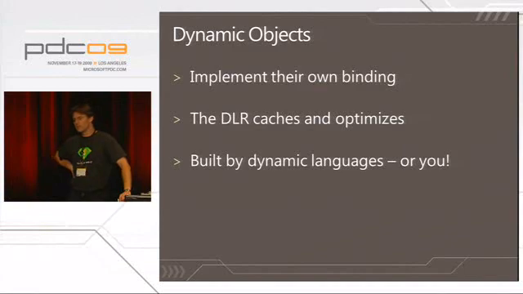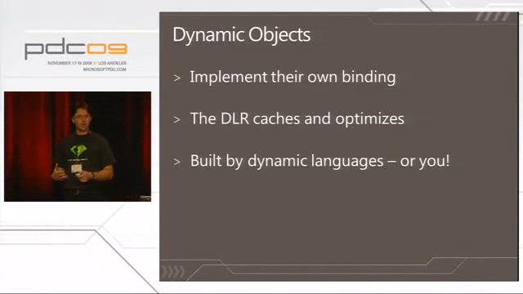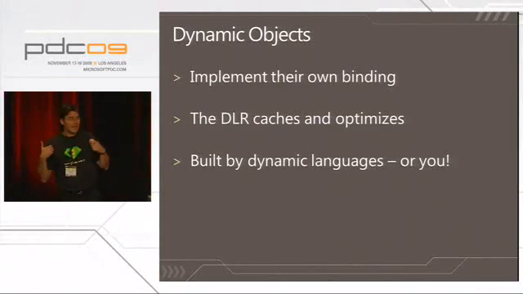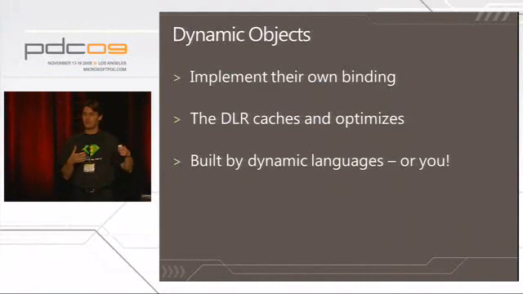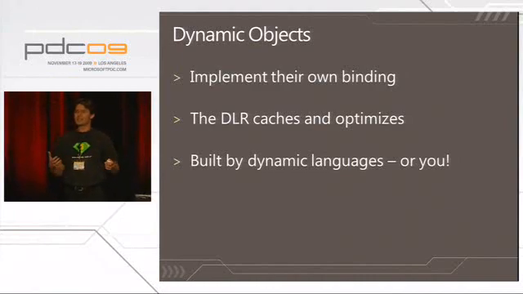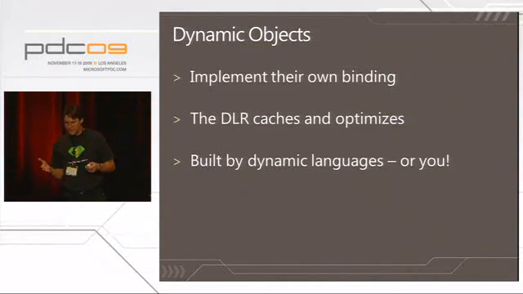One of the big challenges for building the DLR was to make a fast infrastructure underneath dynamic objects that wasn't targeted at a specific language, but worked in all kinds of different scenarios. It caches and optimizes dynamic code so that it runs at a speed near what statically compiled code can run at.